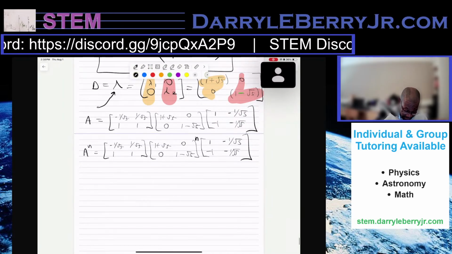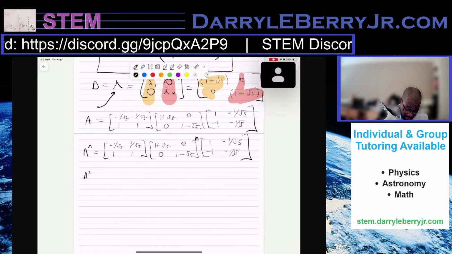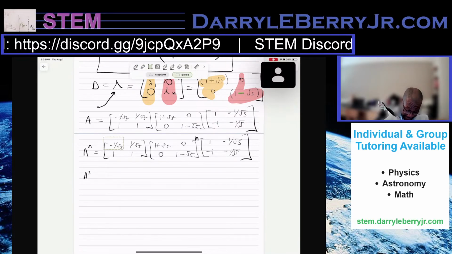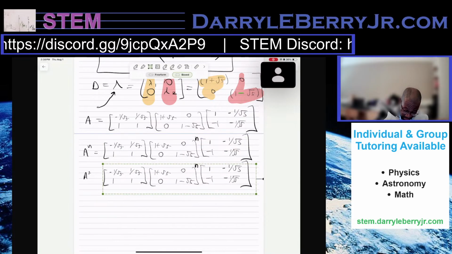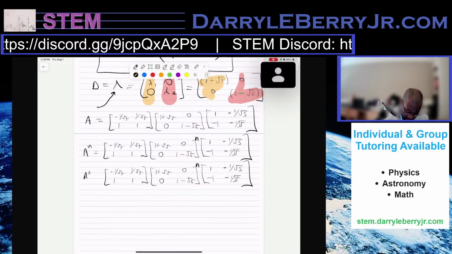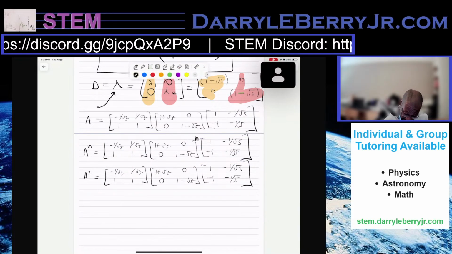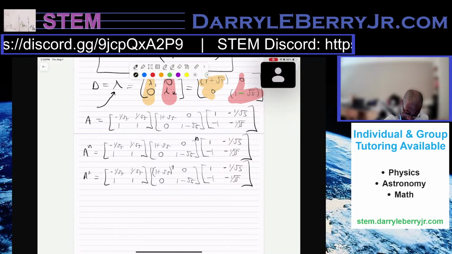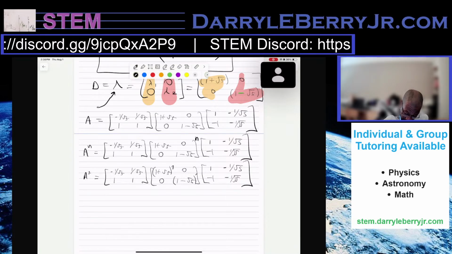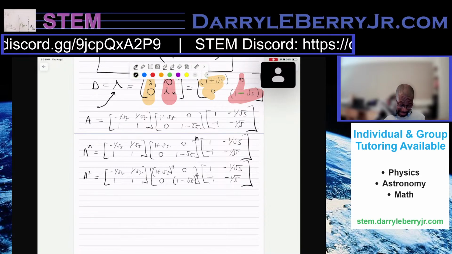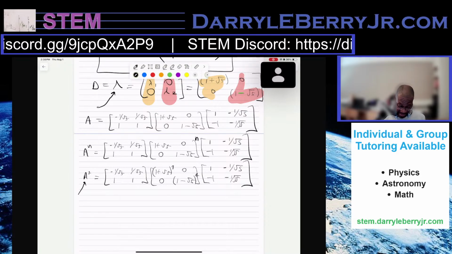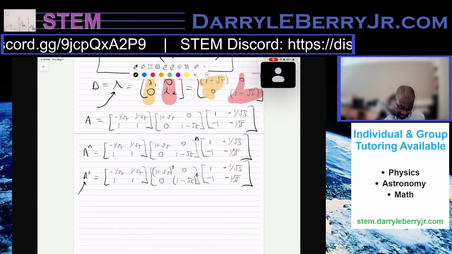So if I wanted A to the 7, I would copy all of this down, except I would put a 7 exponent on each of these. And then when I multiply all of that out, it would actually give me a matrix that equals that matrix to the 7th power.